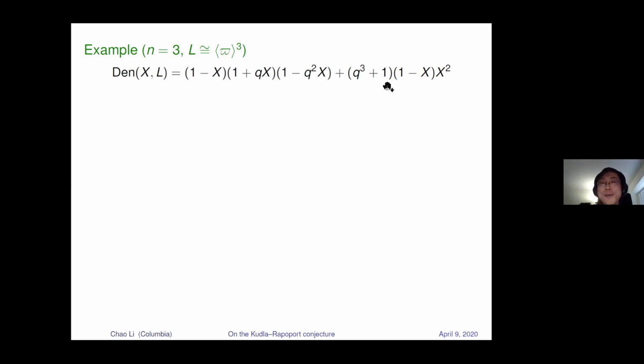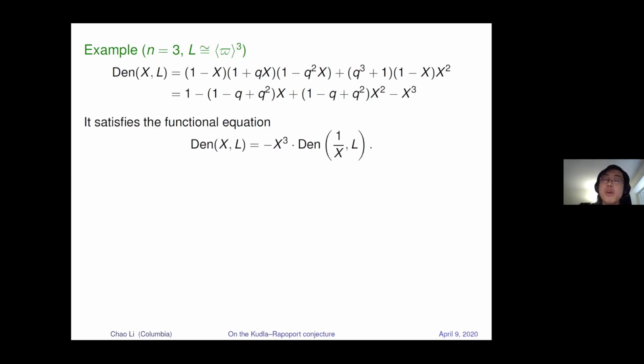That's already related to this Rapoport-Zink space. There's a certain structural consistency with the Bruhat-Tits tree in this case. But if you just write this polynomial in this way, it's not obvious at all that it has a symmetry. Anyway, I can write it out, and you see now there's a symmetry reflecting the coefficients between the symmetric terms. So in particular, it satisfies the functional equation with sign of the functional equation minus 1.